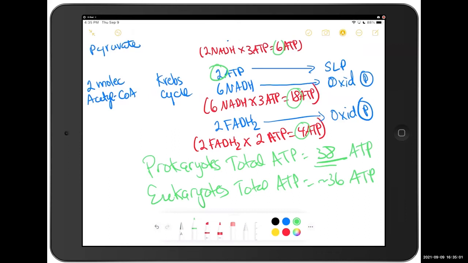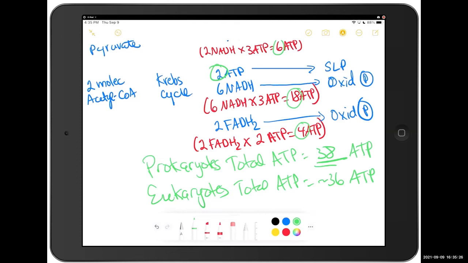Oh my gosh, wait a minute. Am I saying that bacteria are more energy efficient? That they produce more ATP than us that are more sophisticated? Is that possible? Are you surprised? I'm shocked. I mean, I think that I would require more energy than a single cellular organism, right?